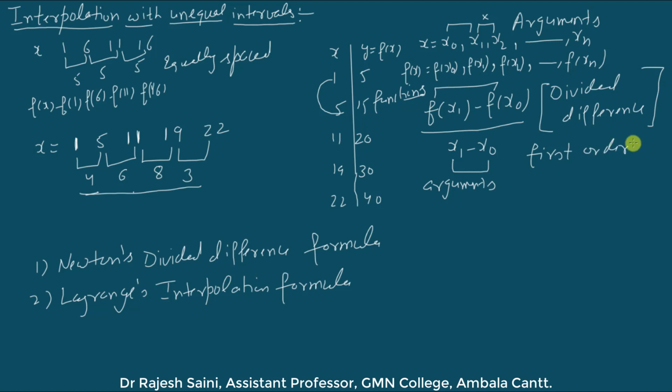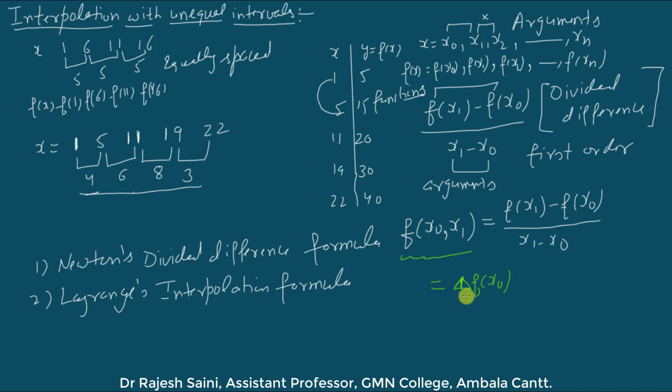And symbolically it is written as f[x0, x1] = (f(x1) − f(x0)) / (x1 − x0). Now we can also denote this thing as delta, and for divided we will draw a perpendicular from here, with f(x0) and the second argument here.